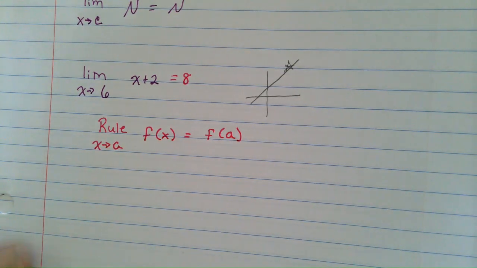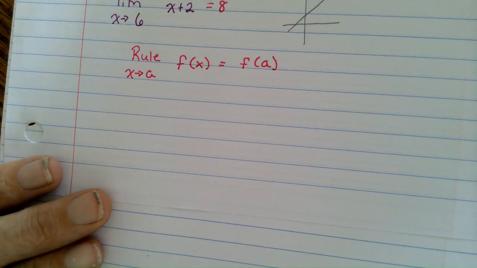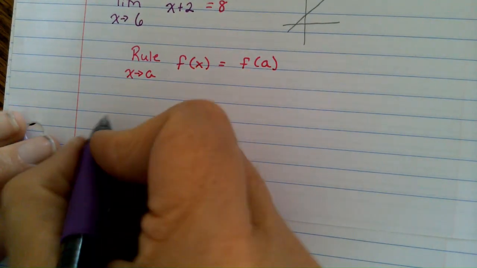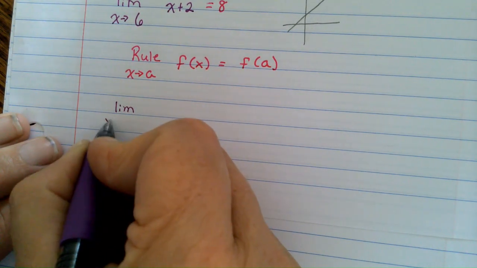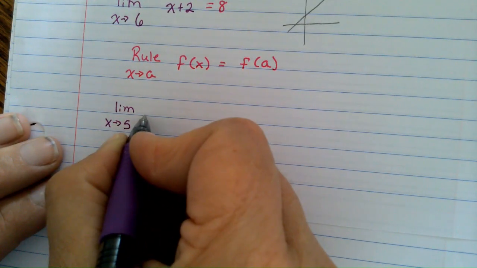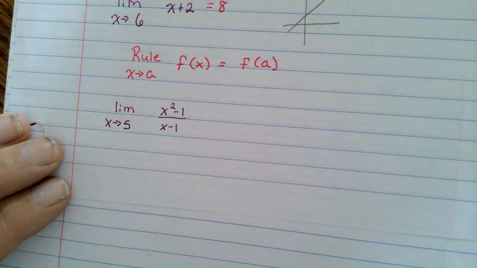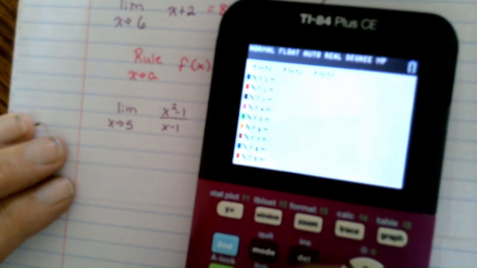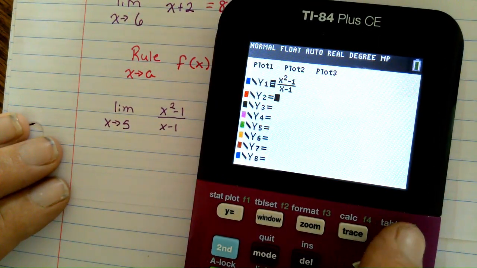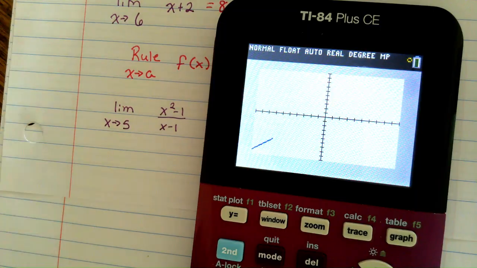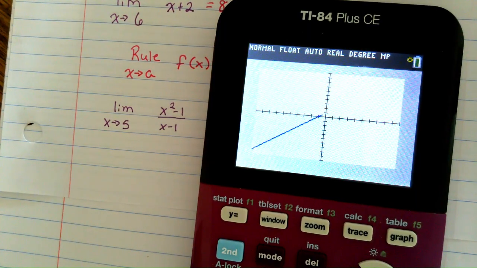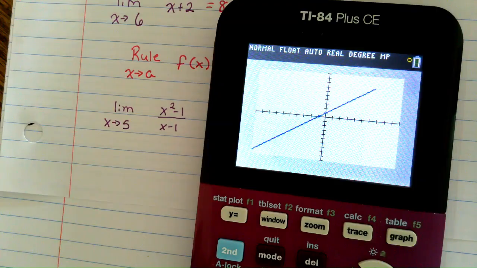Okay, so let's try that. Limit as x approaches 5 of this here. Okay, well, I'm going to go ahead and graph it just because. It graphs like a straight line.